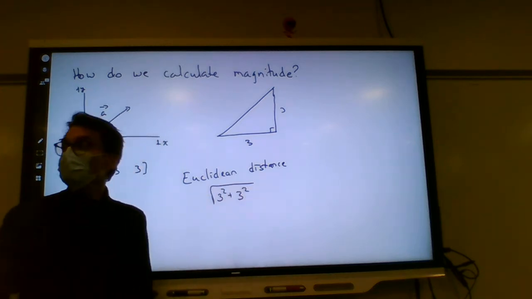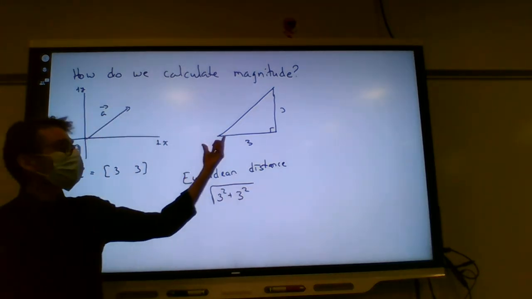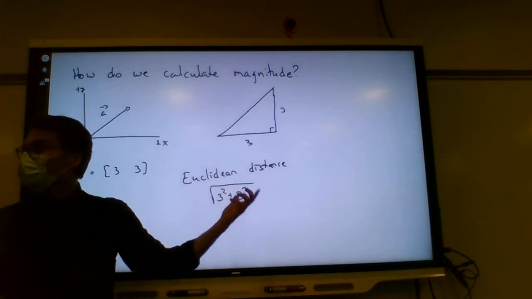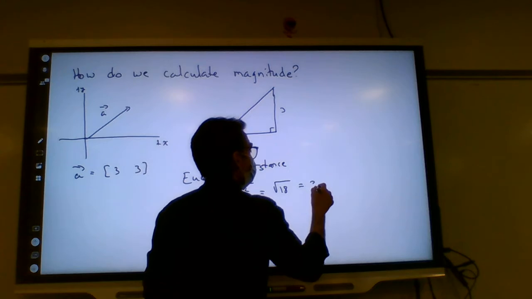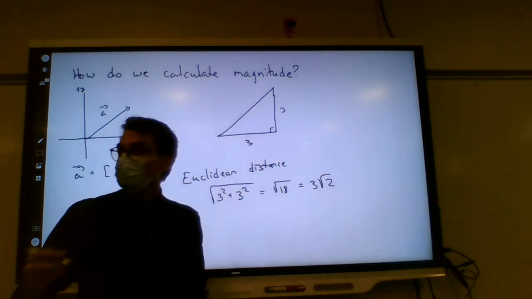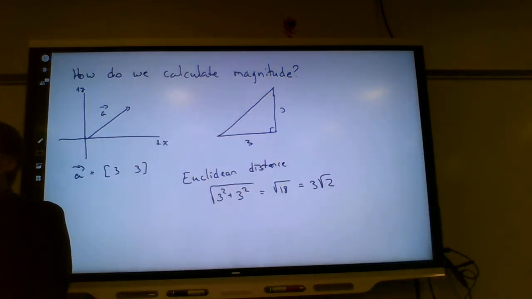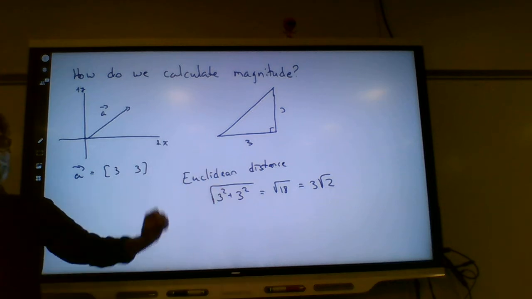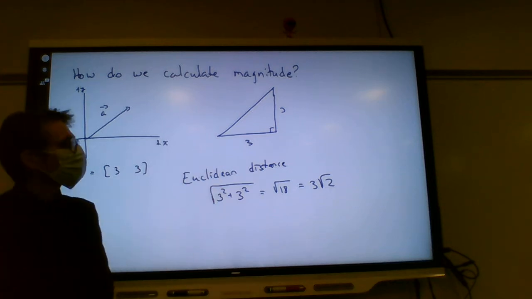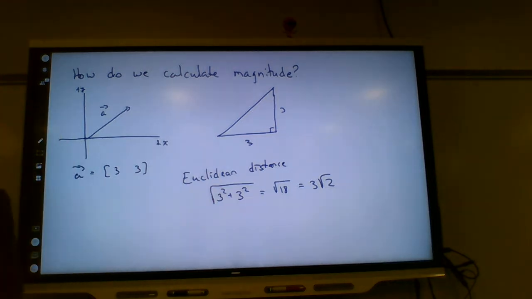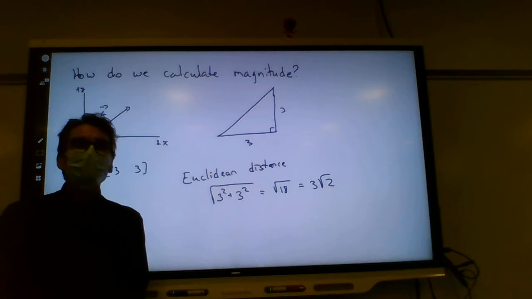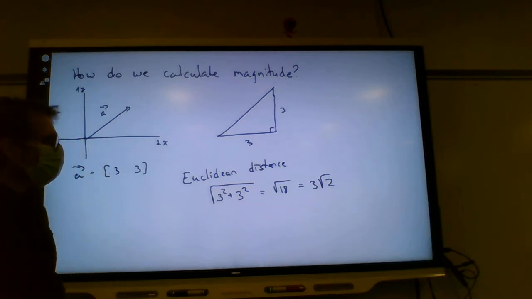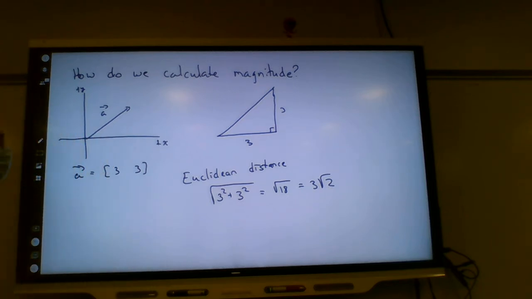Right, so first thing would be the square root of 3 squared plus 3 squared, which is square root of 18, which is, as you said, 3 times the square root of 2, which we can calculate, but that's the exact value, right? We can get an approximate value for that. And that's one way of describing magnitude of a vector, right? Just a regular distance. So this is a two-dimensional vector and calculating distance in that way.